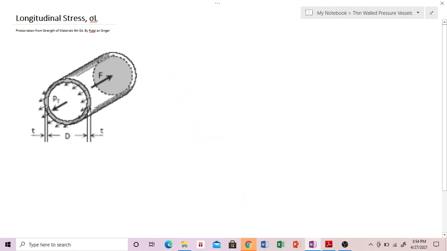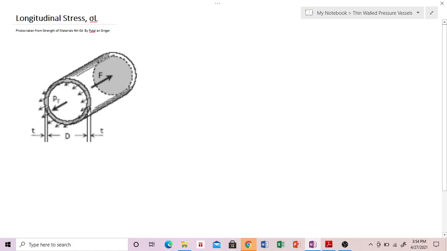Okay, dito naman sa longitudinal stress, class, ang bursting force natin is nag-a-act doon sa end wall ng vessel.